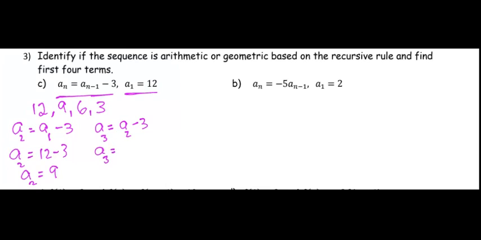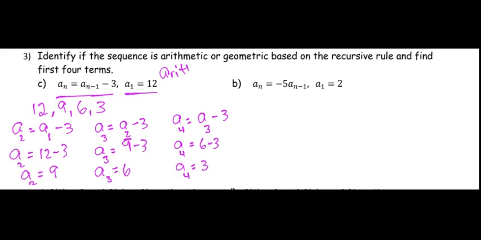That means the third term is the second term, which is 9, minus 3, which is 6. And the fourth term is going to be a sub 4 minus 1, which is 3, minus 3. That means the fourth term is 6 minus 3, which is 3. And these are the exact numbers that we got when we just looked at the sequence and identified that it's an arithmetic sequence.